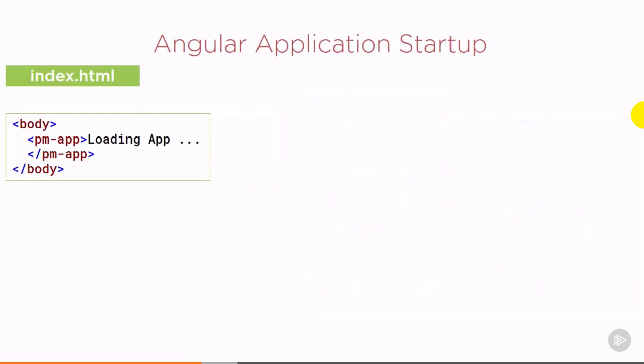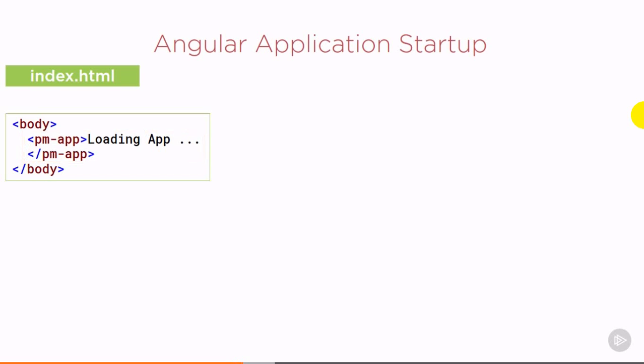Let's go through the Angular application startup process in detail. I've already set this process up for our sample application, but it's useful to know how it works as you start to build your own applications. We have the index.html file set up to host the application by specifying the selector from the root application component as a directive in the body tag.